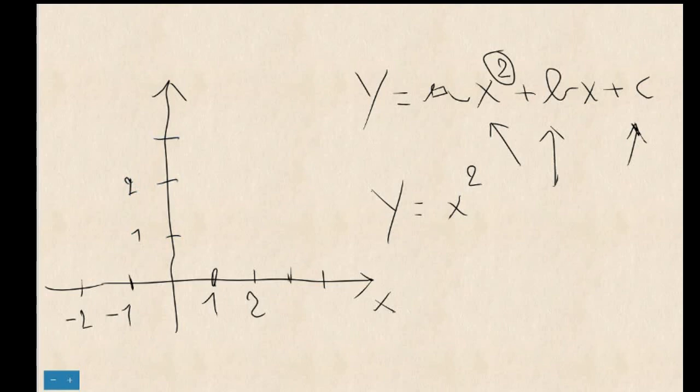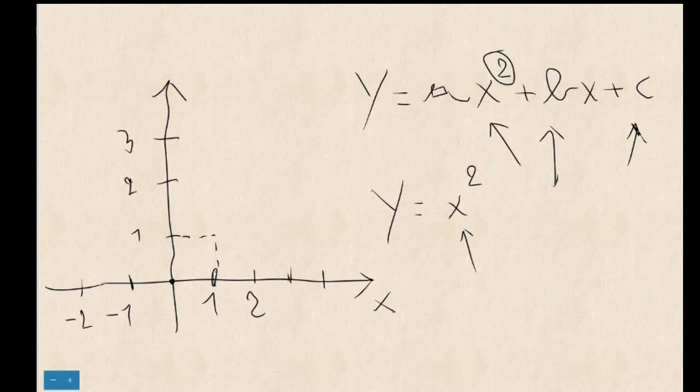So let's see what happens. When x is equal to 0, y is also equal to 0, so our function will go through the origin of the axis. When x is equal to 1, y is also equal to 1 because it's 1 times 1. So we will go through this point.